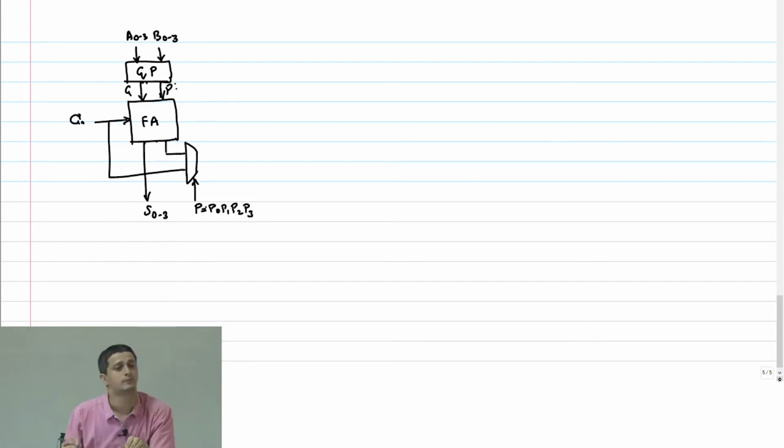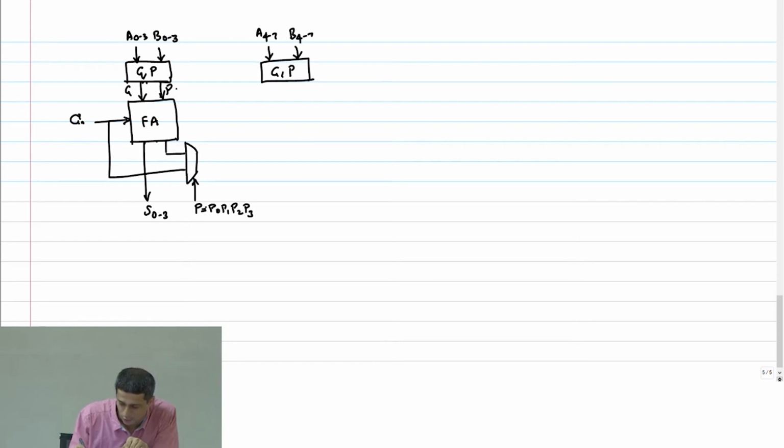G and P. Now I will repeat this block. G comma P, A 4 to 7, B 4 to 7. Again my full adder, 4-bit full adder chain this is.